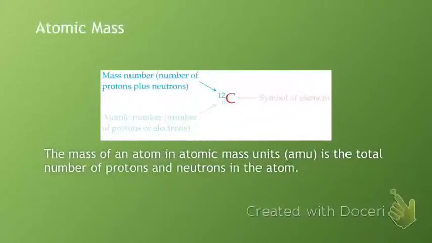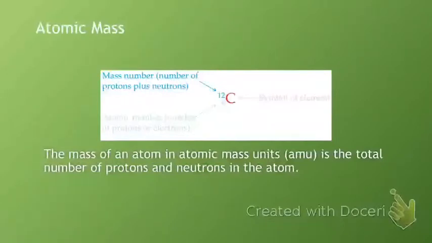So the mass of an atom is given in atomic mass units, since we're talking about such small numbers. Remember, these would be on the order of magnitude of 10 to the minus 24, or 10 to the minus 23 grams. And it's not useful to talk about such ridiculously small numbers, so we use an AMU.